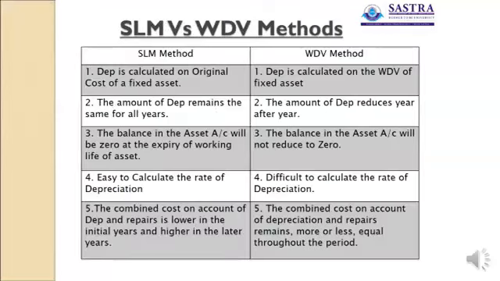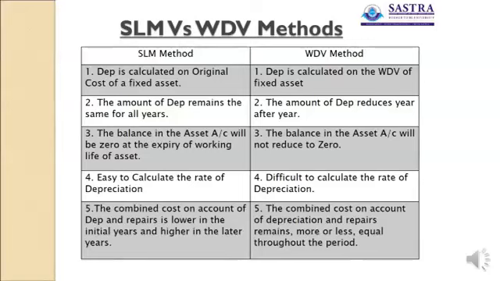What are the differences between the straight line method and written down value method? Under the straight line method, the depreciation is calculated on original cost, whereas here it is on the written down value of the fixed asset. The amount of depreciation remains the same in all years under the straight line method, whereas in the written down value method, the amount of depreciation reduces year after year.